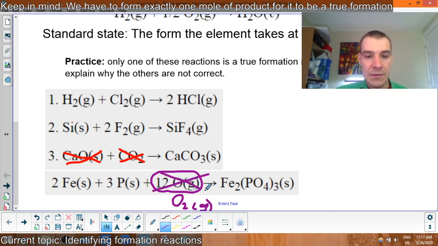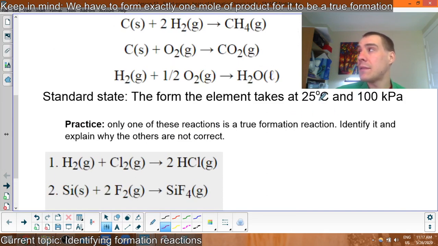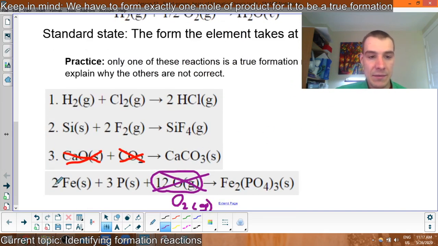So that disqualifies oxygen because it needs to be O2. The standard state of oxygen is O2 at 25 degrees Celsius, 100 kPa. So that one's out. So number 4 is out based on that.